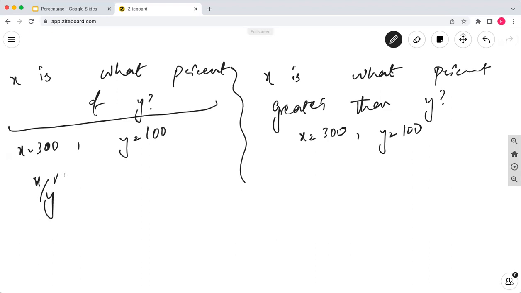X over y into 100 is equal to 300 over 100 into 100, which is 300%.